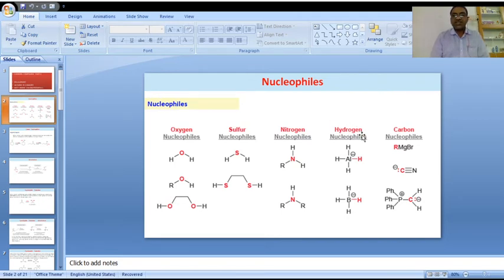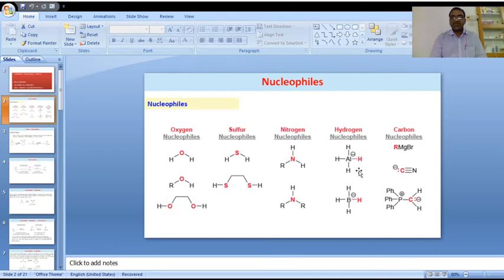Next, hydrogen nucleophiles. Just now we discussed this slide in part 4. This is the first compound, aluminum tetrahydride ion, also called LAH. This LAH is one of the hydrogen nucleophiles.